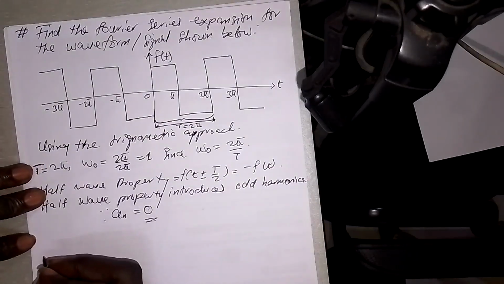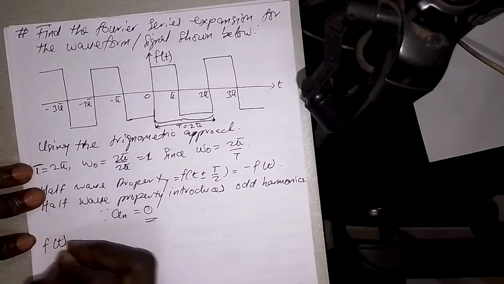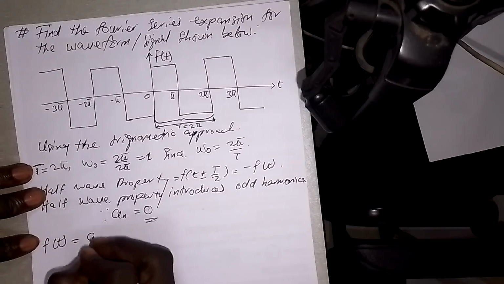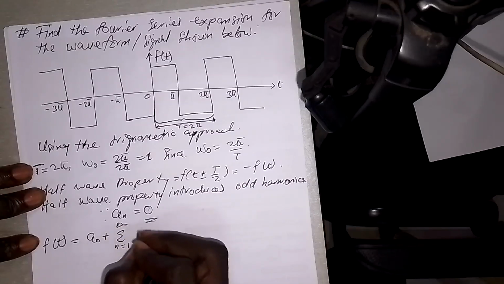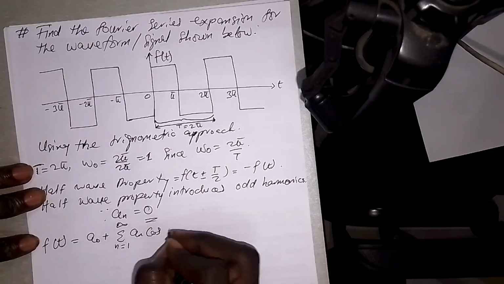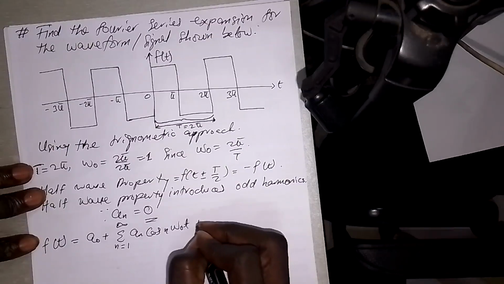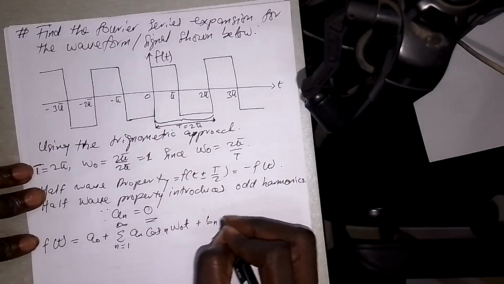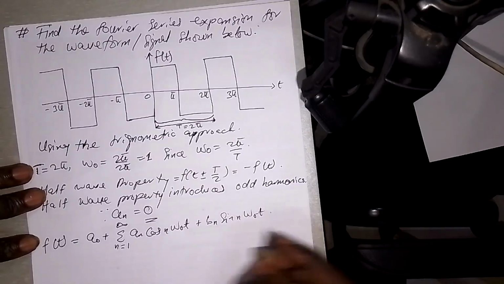Now let me put down the entire formula or equation for finding the Fourier series in this trigonometric approach. So f of t is equal to a naught plus summation up to infinity, n is equal to 1, an cos n omega naught t plus bn sin n omega naught t.